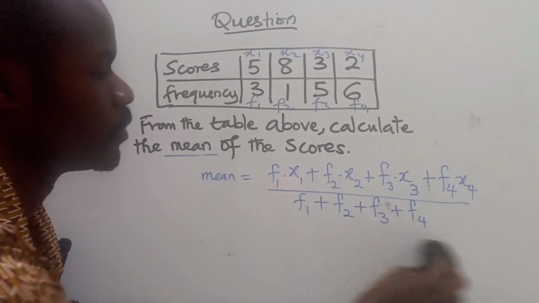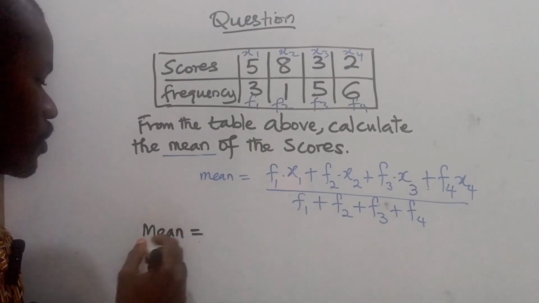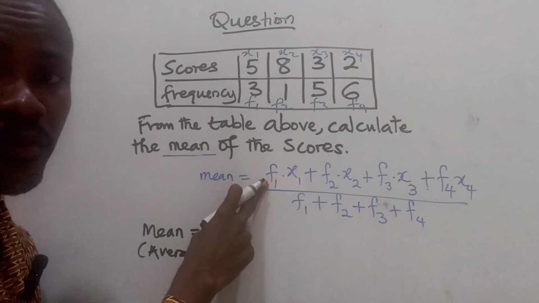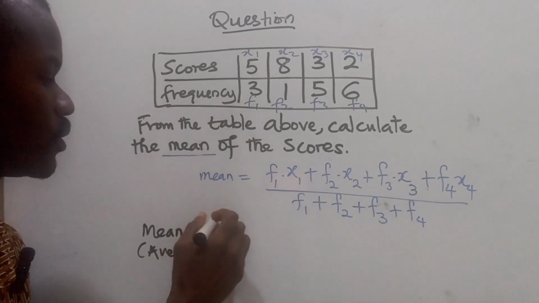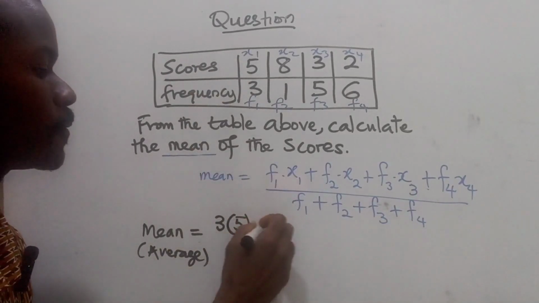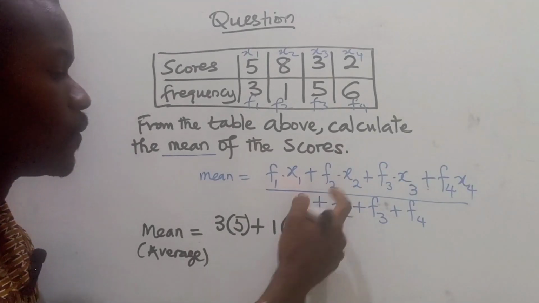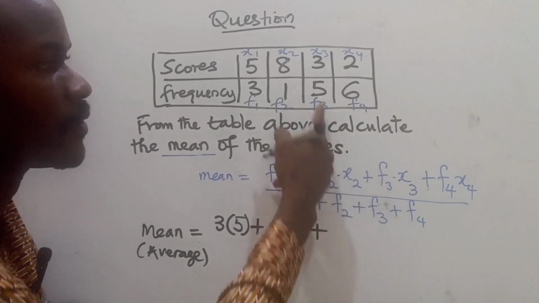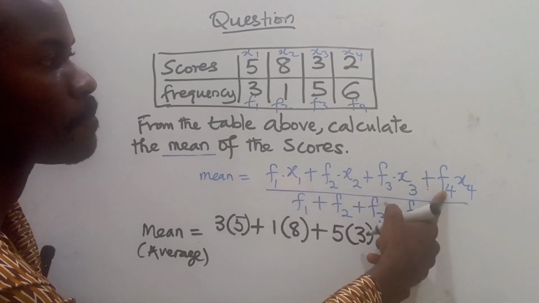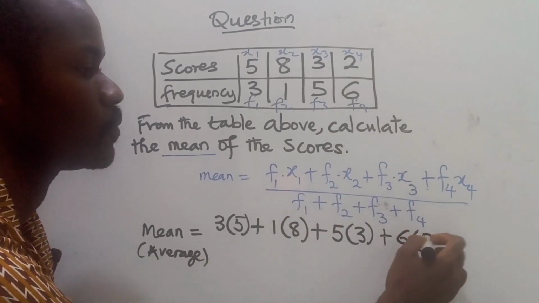This part represents the denominator, and this part represents the numerator. So we are going to now substitute. Our mean, which is also called the average of the scores, will be: our F1 is 3, so 3 will multiply 5 because X1 is 5, plus our F2 is 1, so 1 will multiply X2, which is 8, plus our F3 is 5, which will multiply X3, which is 3, plus our F4 is 6, multiplied by X4, which is 2.